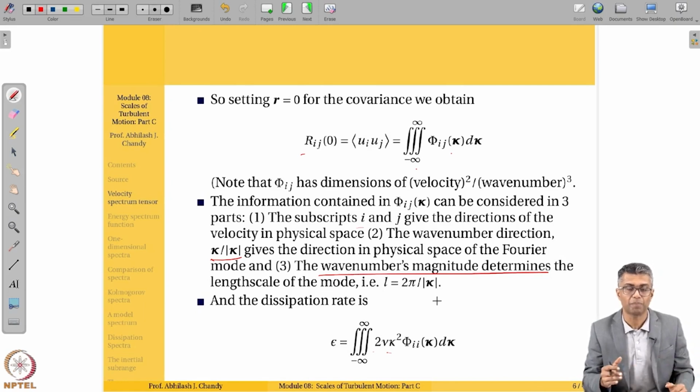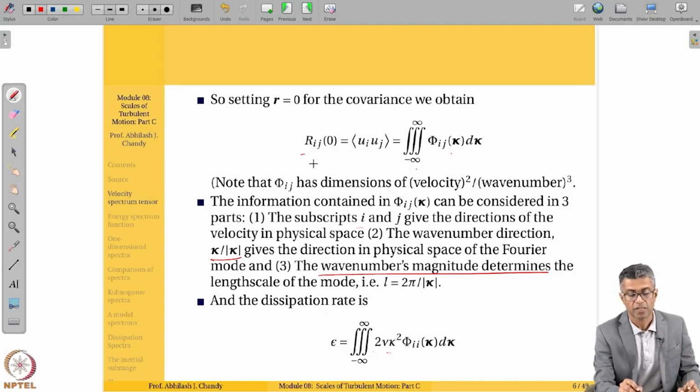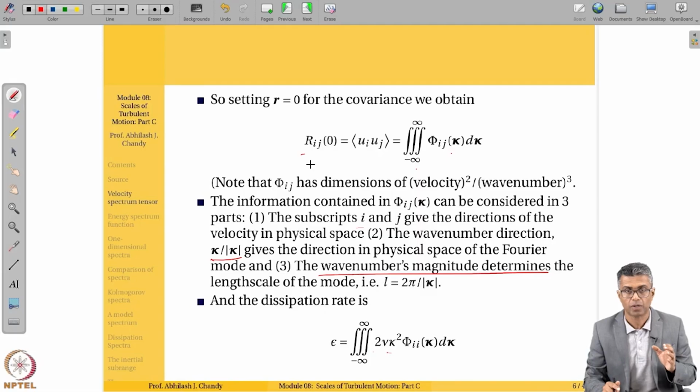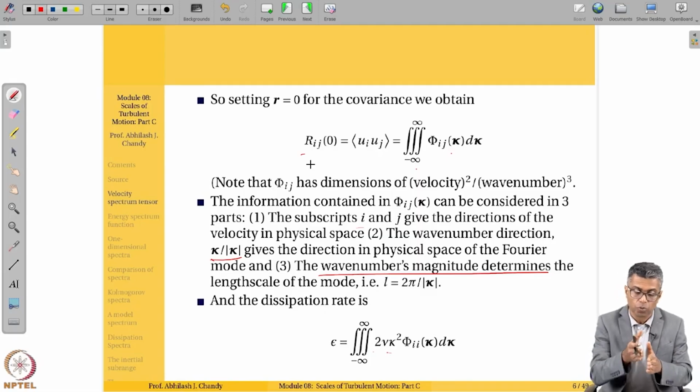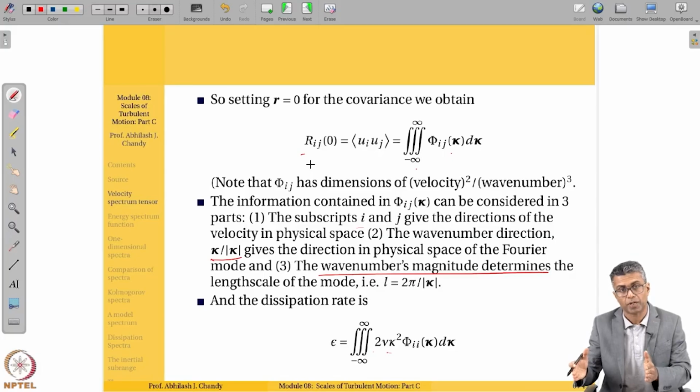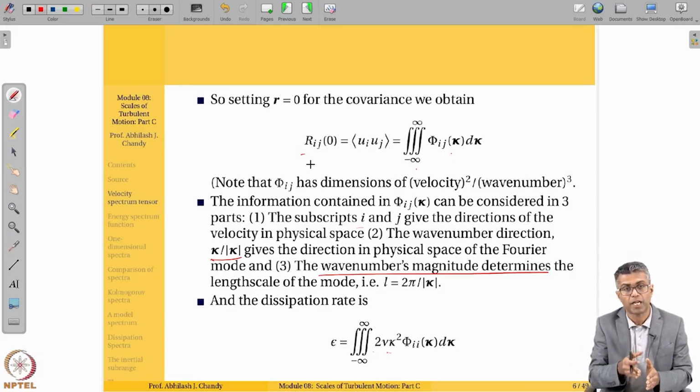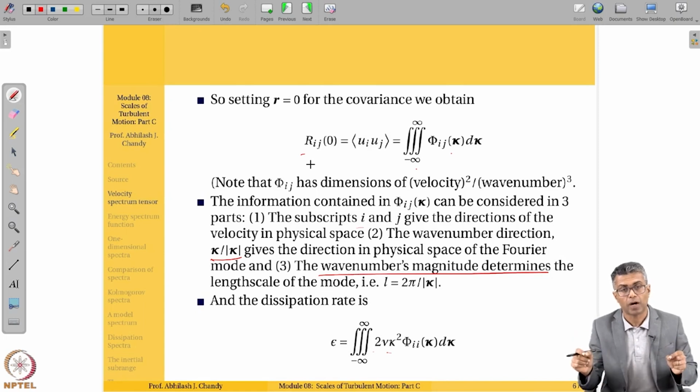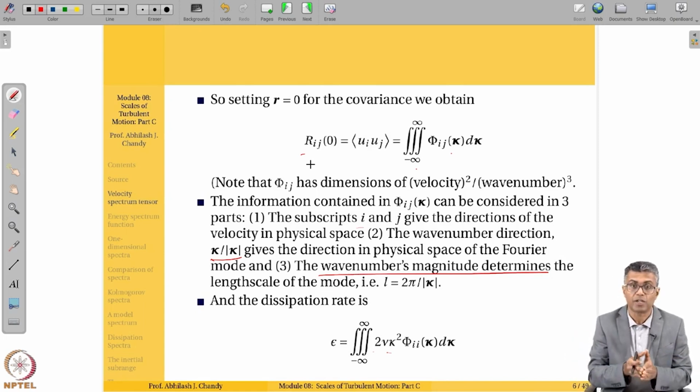So we will need to simplify it in order to gather something meaningful, and that's what we are going to do. The basis of that is, if you think about the 2-point correlation, it is the correlation between the velocity at one point in space and another point separated by r, isn't it? If you take the correlation of one point with itself, then your small r is 0 because there is no spacing.